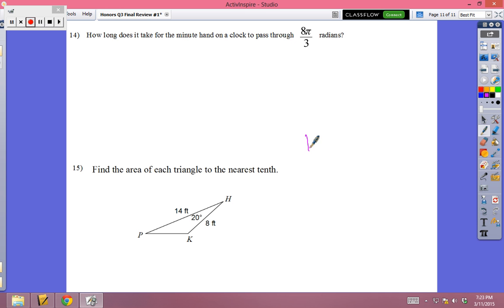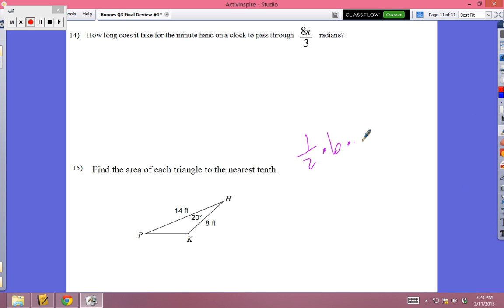Okay, last one, number 15. Area of a triangle. Area of a triangle is 1/2 times the base times the height. And every triangle has 3 heights and 3 different bases. This triangle right here, if I draw an altitude from K to there, so the altitude has to go from a vertex, and it's got to hit at 90 degrees. So there is my 90 degrees.